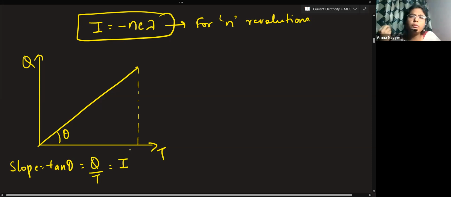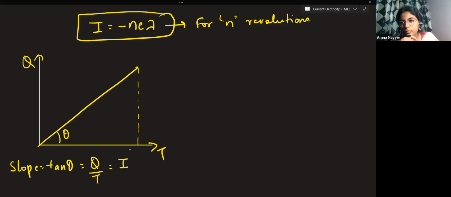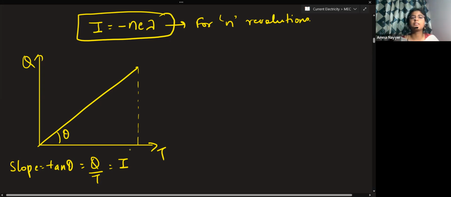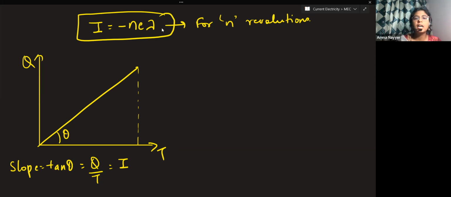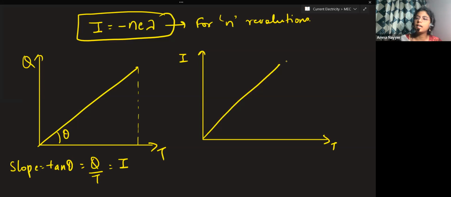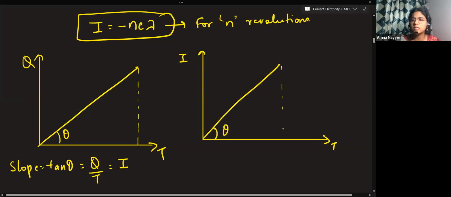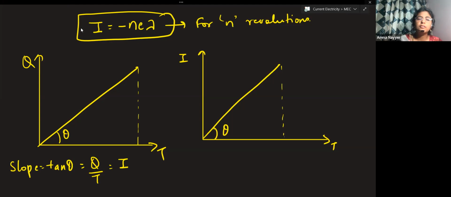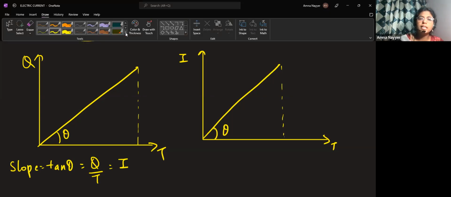In general, whenever you're solving different questions, if you divide two quantities, you get the slope. Now, if you multiply two quantities, then that is given by the area. Division, slope. Multiplication gives area. For example, if I plot a graph between current versus time, this is angle theta and this is the right angle triangle that is being formed.